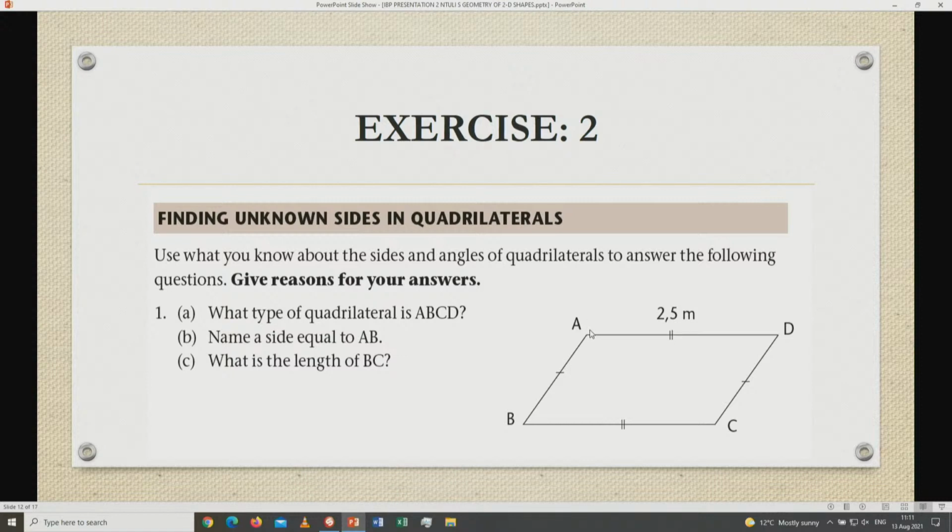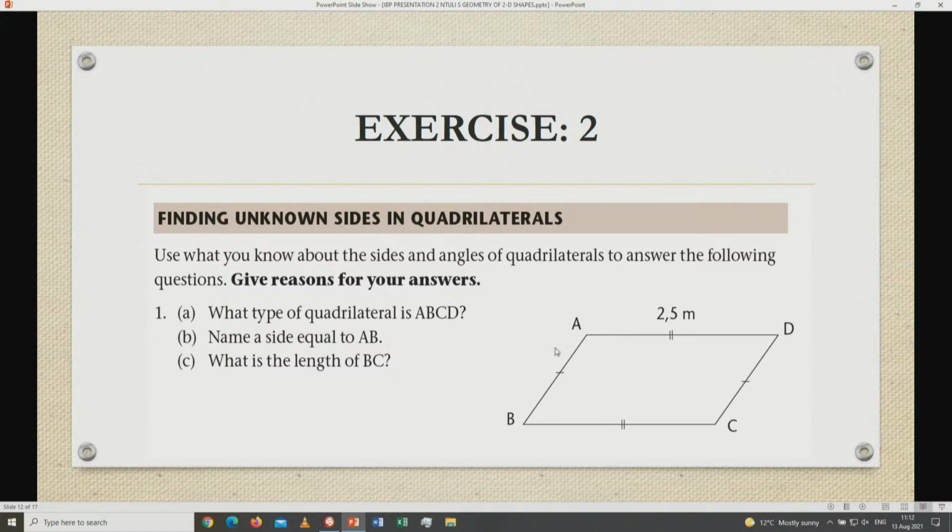So remember the properties, if we've got two opposite sides being parallel. But again, let us check. Do we have an angle equal to 90 degrees there? No. Do we have an angle equal to 90 degrees there? No. We don't have an angle equal to 90 degrees there.